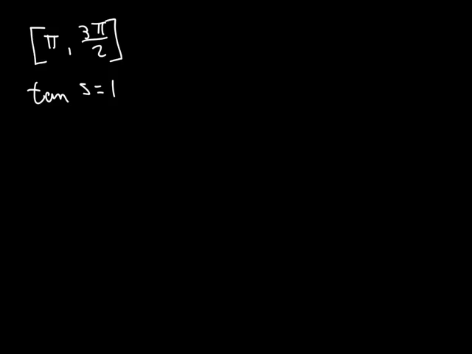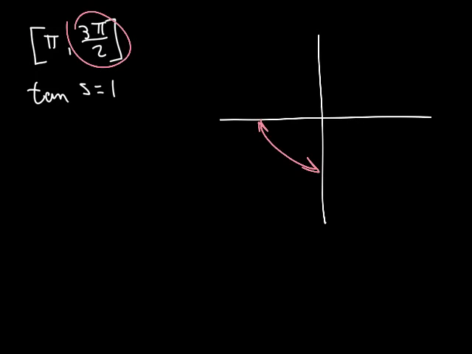Okay, so part B of example 4 says that we've got this value in the interval of pi to 3 pi over 2. So the interval of pi to 3 pi over 2 is somewhere in here. Third quadrant. Okay, so we have 3 pi over 2 and pi. We know we're looking for s where the tangent of s is 1. One thing that I know, just from past experience, is that tangent is y over x.